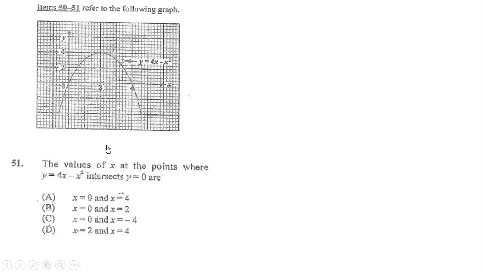So the line y equals 0 is the same as the x-axis. The graph y equals 4x minus x squared is this parabola that has a maximum turning point. So where it intersects the x-axis, we have the x values to be x equals 0 and x equals 4.